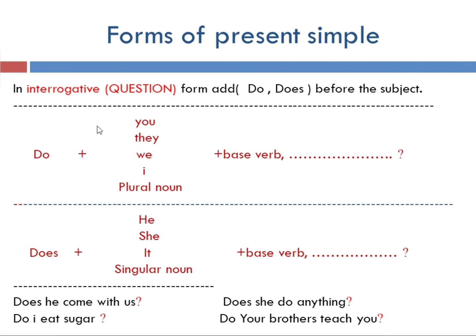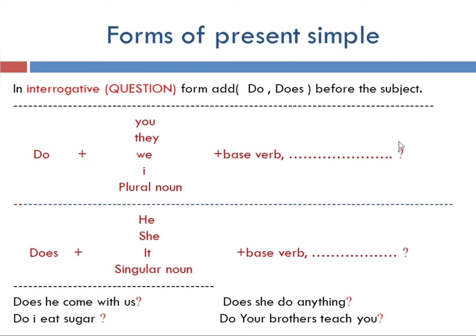For example, do you drive? Do you study? And for these subjects, the same. For example, do they go? Do we play? So, for example, do I talk? And for the plural noun, the city, the same.